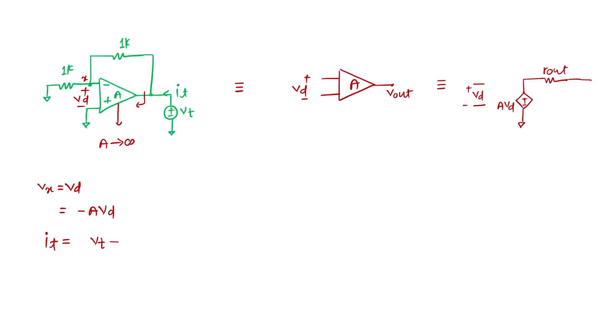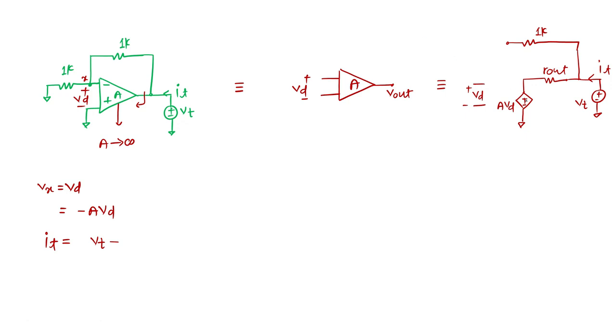So what exactly is happening here? Here my VT is applied. VT is different, and this is my IT. Some of the IT will go inside the amplifier, and some of the IT will go into this 1K resistor. So just look at both circuits at a time. That's the point I want to tell you.